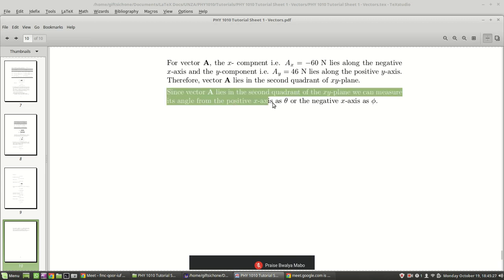You can measure the angle vector A makes from the positive x-axis or from the negative x-axis. If you measure from the positive x-axis, you're measuring theta. If you measure from the negative x-axis, you're measuring phi. Okay? Is that clear?